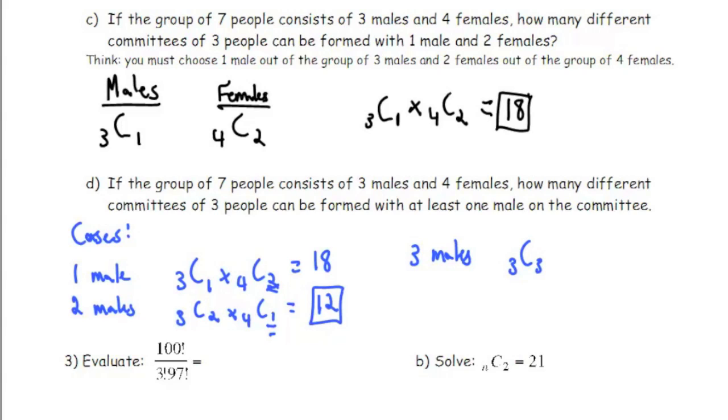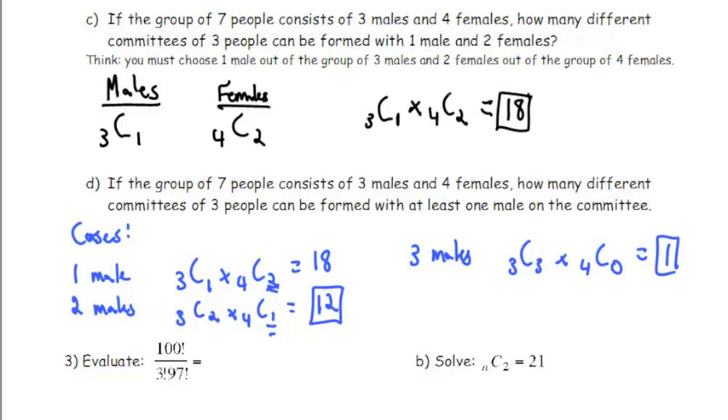In the third case, where you need 3 males, we're going to select 3 males out of the total group of 3, and out of the 4 females we're not going to take any of them because they're all going to be males.